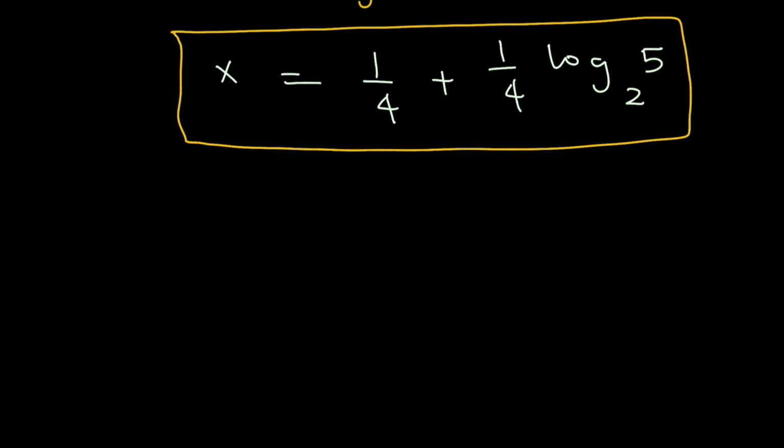And to verify that our solution is correct, we're going to substitute everything we just got for x into our actual question, which was 4 raised to power x times 64 raised to power x is equal to 100.